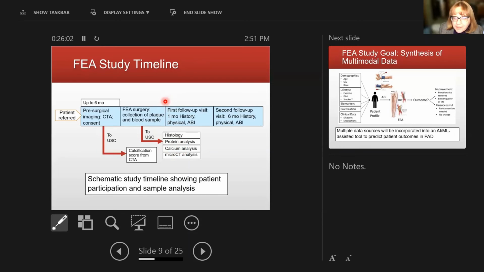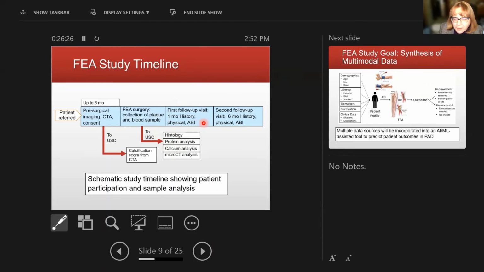Importantly, these patients are followed after the surgery, and we obtain their clinical records and also some quantitative information, particularly the ankle brachial index. That's just a measurement of the blood pressure, the ratio of the blood pressure at the ankle to that in the arm. This is indicative of lower limb ischemia.